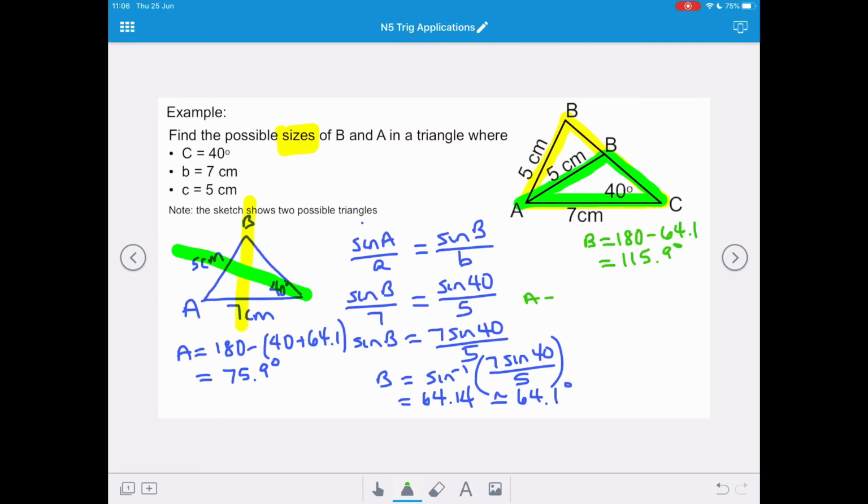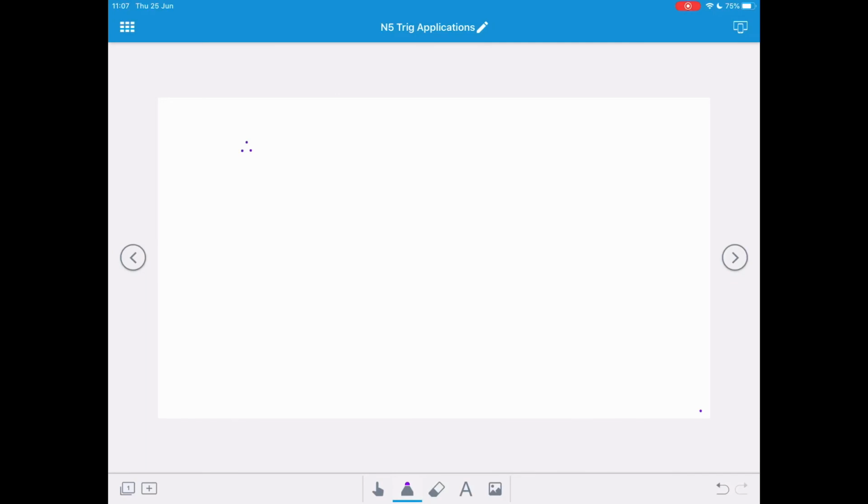And then we're going to work out A by doing 180 take away the sum of 115.9 plus 40 degrees, our angle at C, giving us an angle of A of 24.1 degrees.